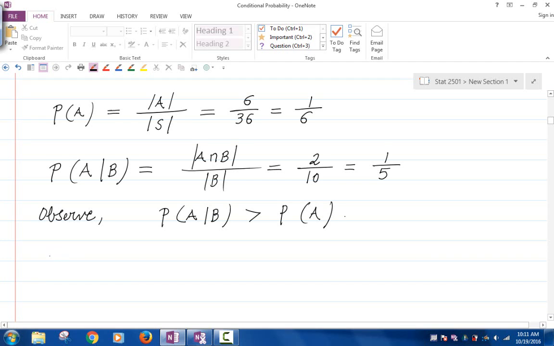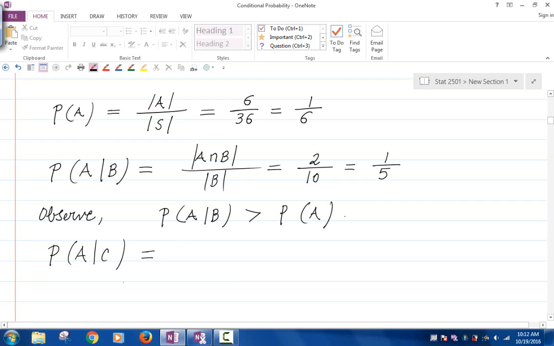Okay, so someone tell me, I'm not going to do it, but let me ask you, what's the probability of A given C? Just give me the final answer. It's 1, yeah.